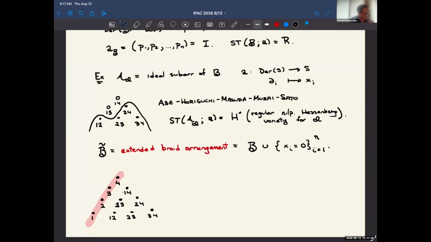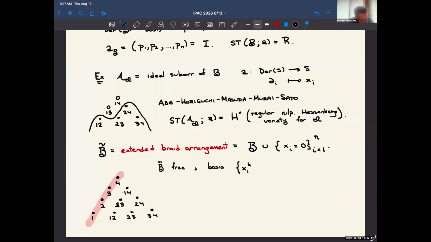Okay, so this is the extended braid arrangement, and maybe it's not so surprising, because it's so similar to the original braid arrangement, that B tilde is free, and a basis just looks a little different.